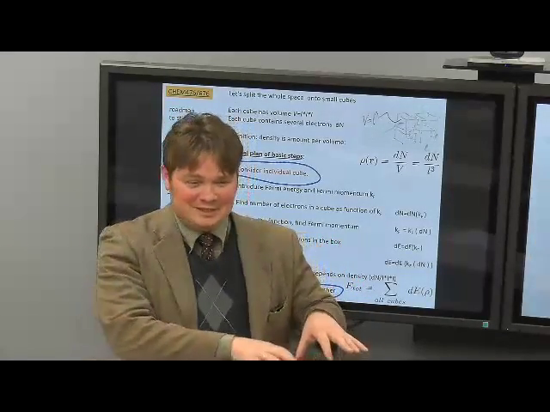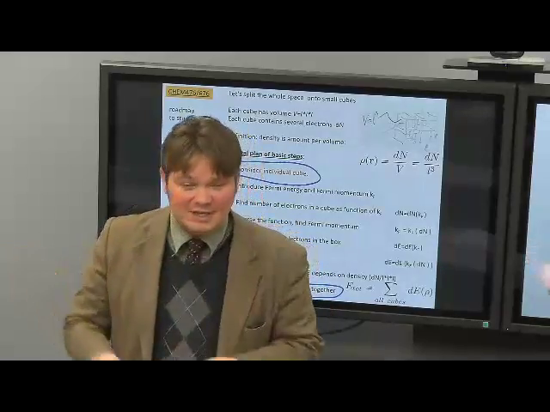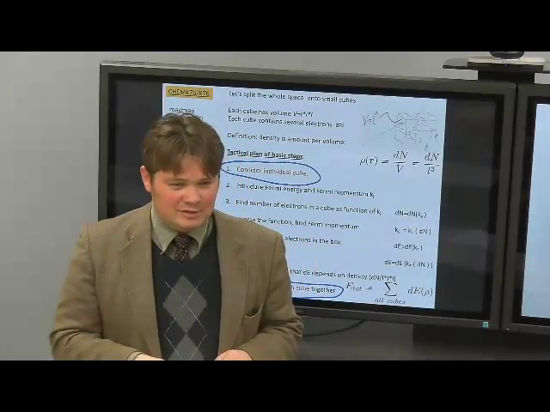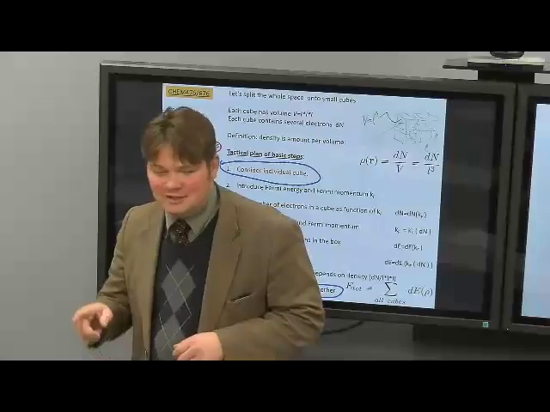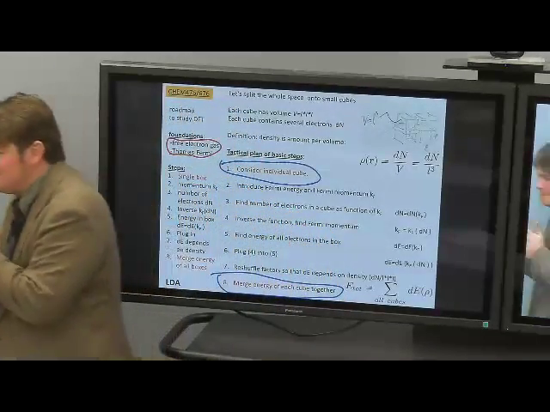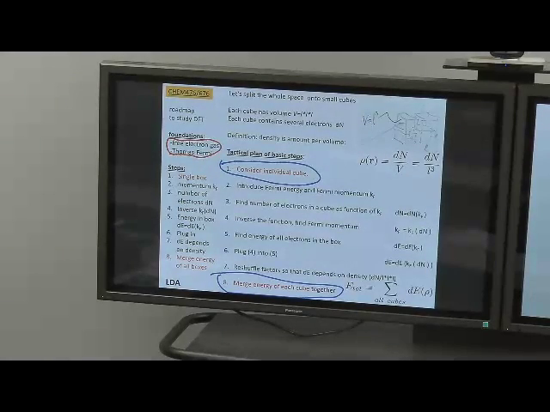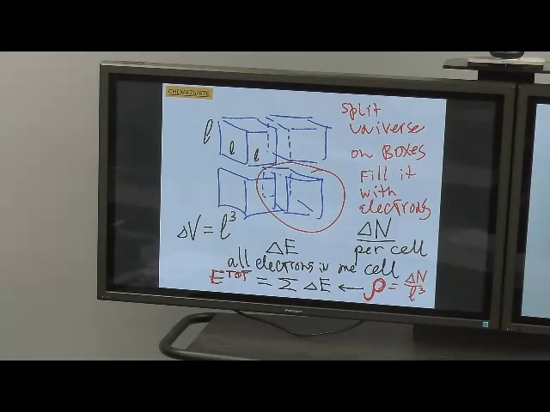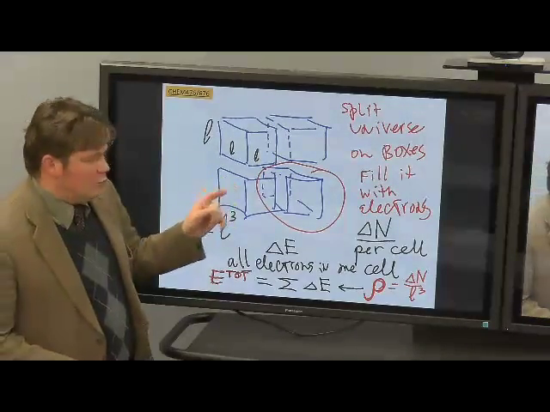So if you take it as an input, as an output, we will get this answer: total energy is an integral of total density to the power 5/3.